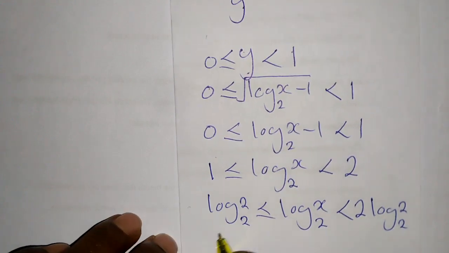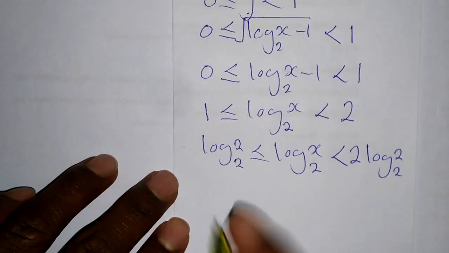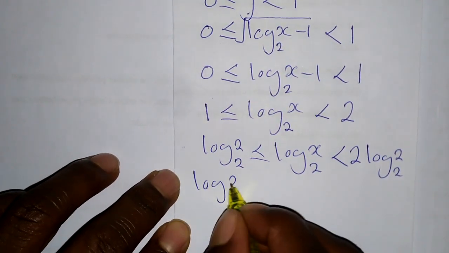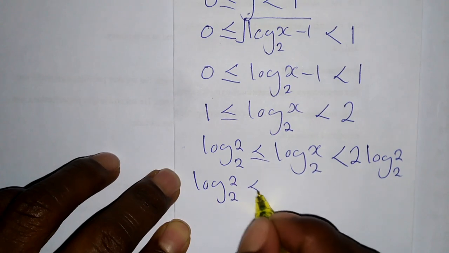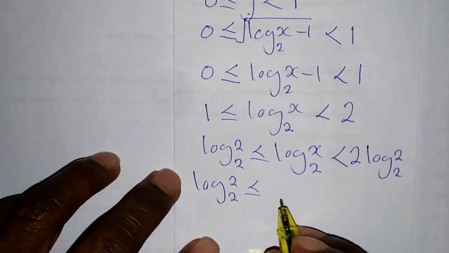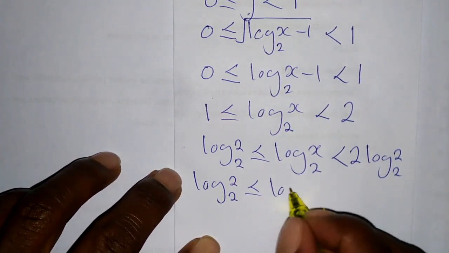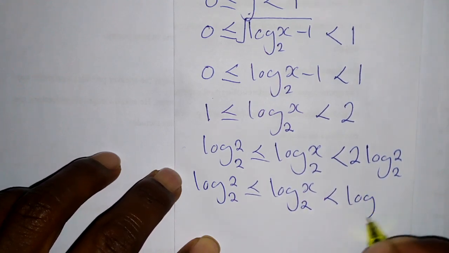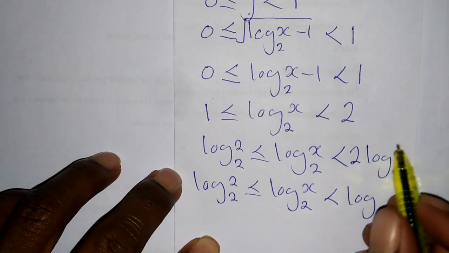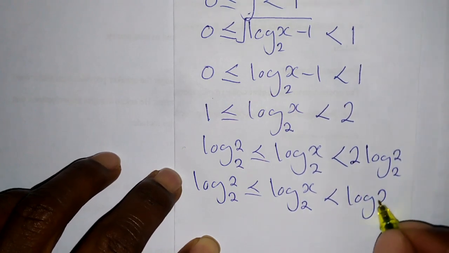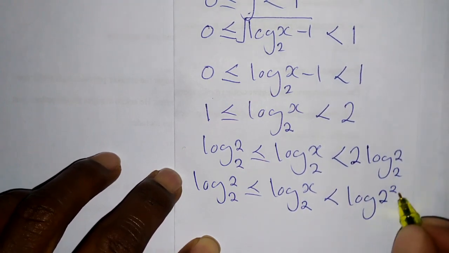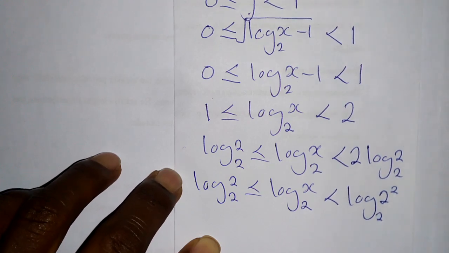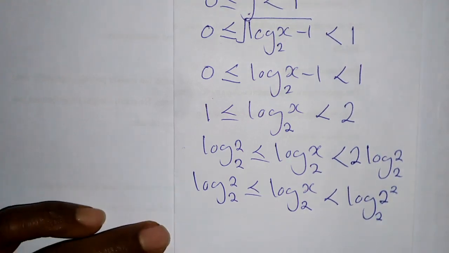Now, this is the same thing, we have log 2 base 2 less than or equal to log x base 2 less than log, then these two can come here, so we have 2 power 2 base 2 according to indices.